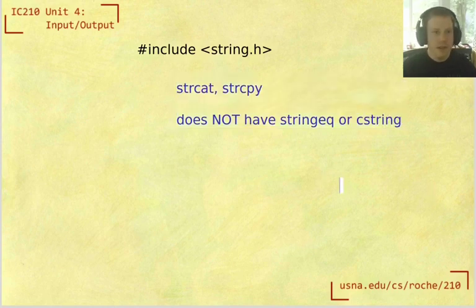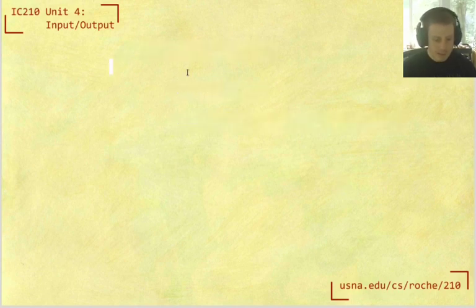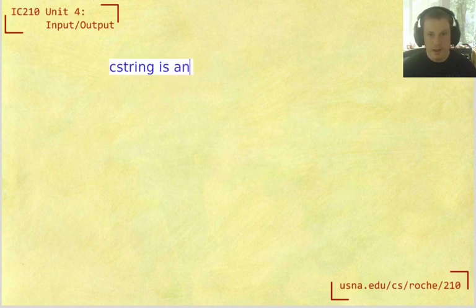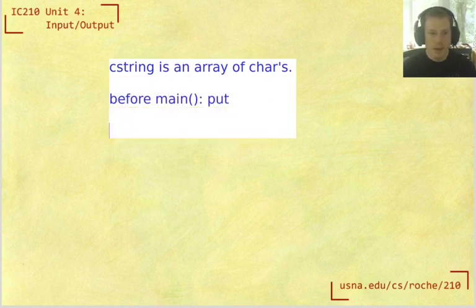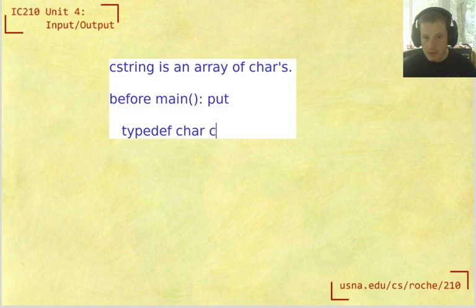So the first thing is to think about this type cstring. So what is cstring? Cstring is an array of chars. You don't have to understand everything about arrays yet, because we're going to really learn about arrays in a couple weeks. But for right now, all you need to know is that before main, put this line, which is typedef char cstring[128].